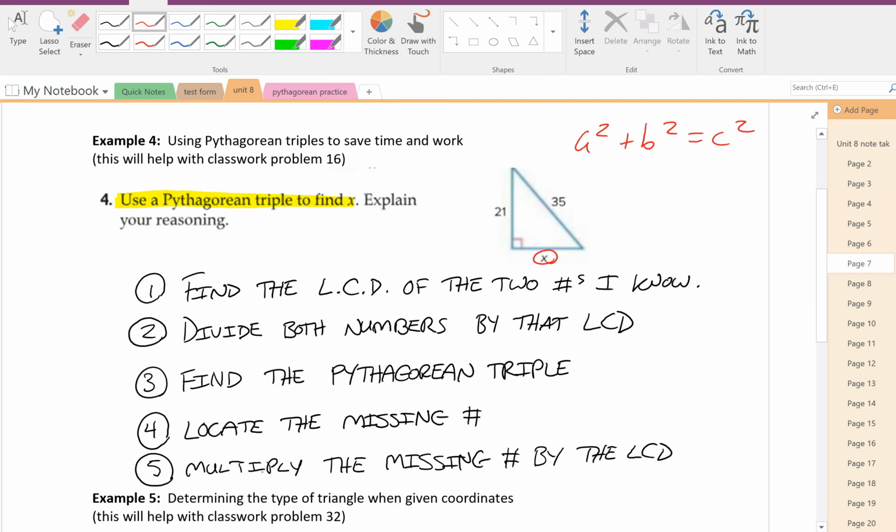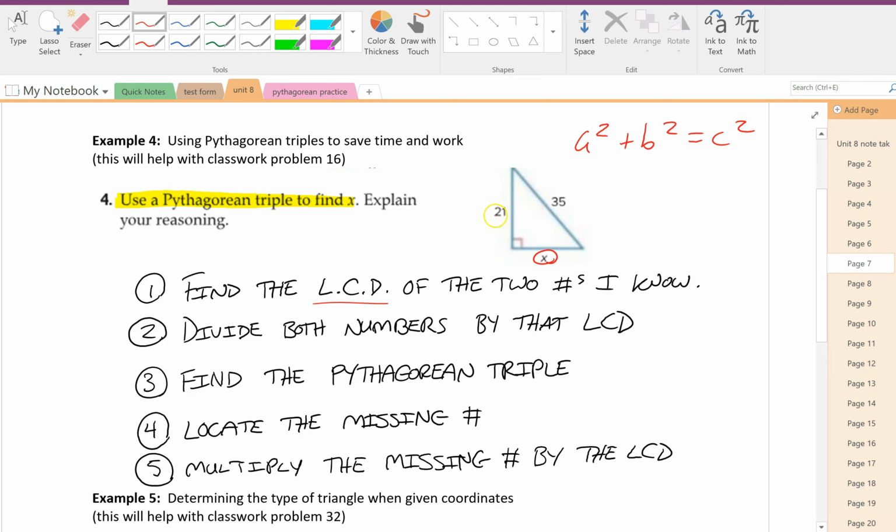Okay. First thing I got to do is take the 2 sides that I know, in this case 35 and 21, and find the lowest common denominator. Right? That's what LCD means here. Lowest common denominator between 21 and 35, other than 1, obviously. So does 2 go into both of them? No. Does 3? No. Does 4? No. Does 5?